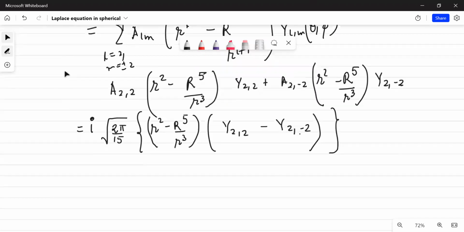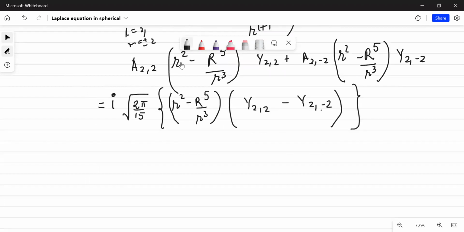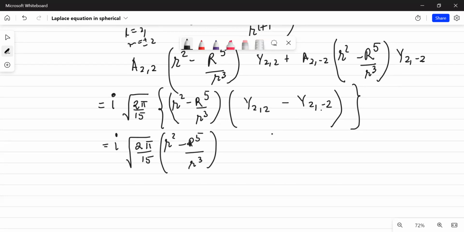Let me use it here. So this will be i root over 2 pi upon 15 here, and then this is (r^2 minus R^5 upon r^3). And then instead of all this, I'm going to write 1 over 4 root over 15 upon 2 pi.